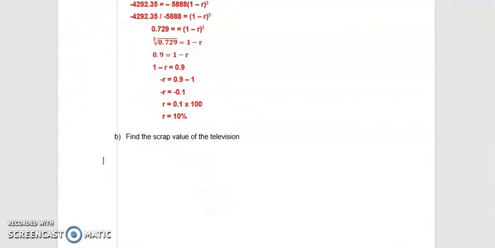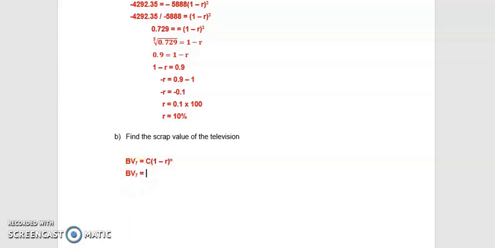So here book value year 7 equal to cost multiply 1 minus R power of n. Now n equal to 7 since we want to find salvage value.